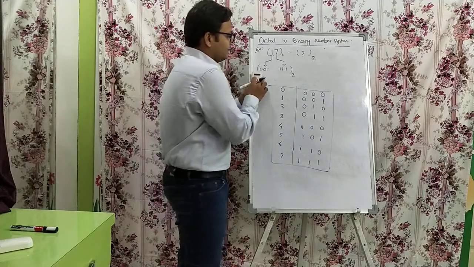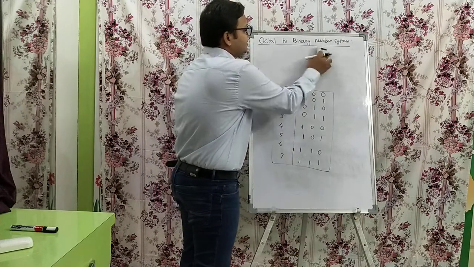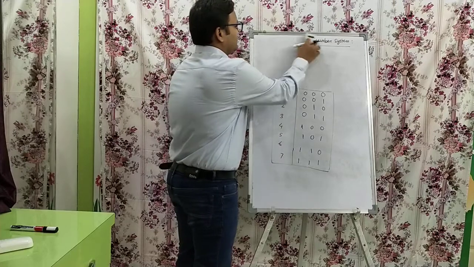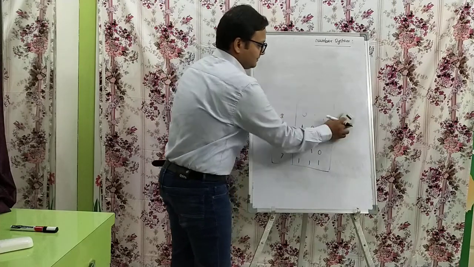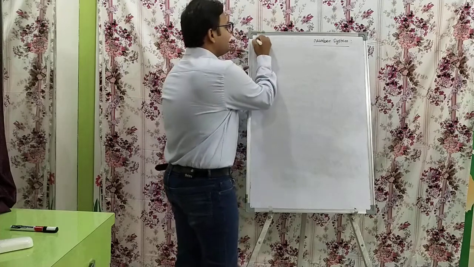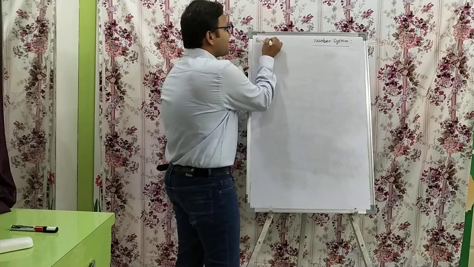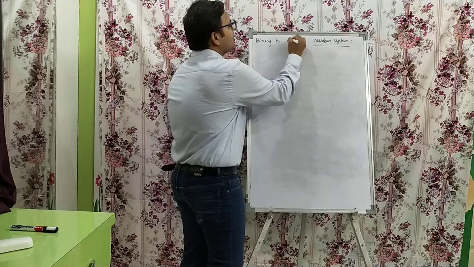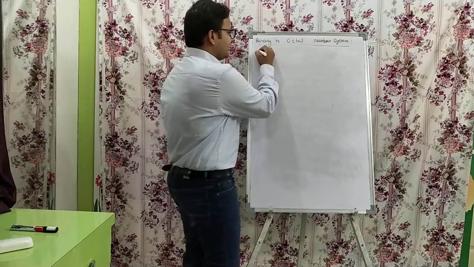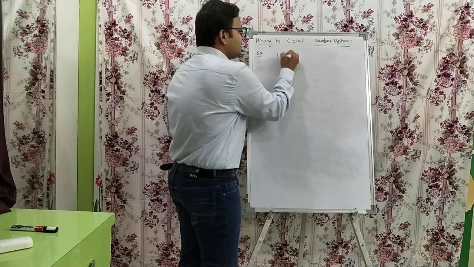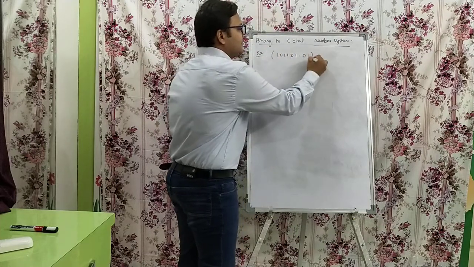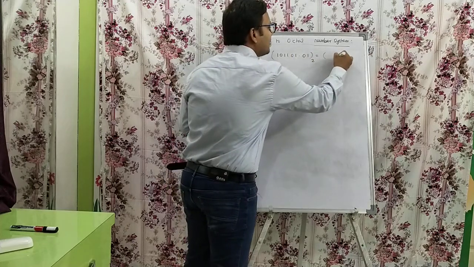Then the next one is to convert the binary number system to the octal number system. What you need to do in this way? Let's say 101101.01 binary to the octal number system.